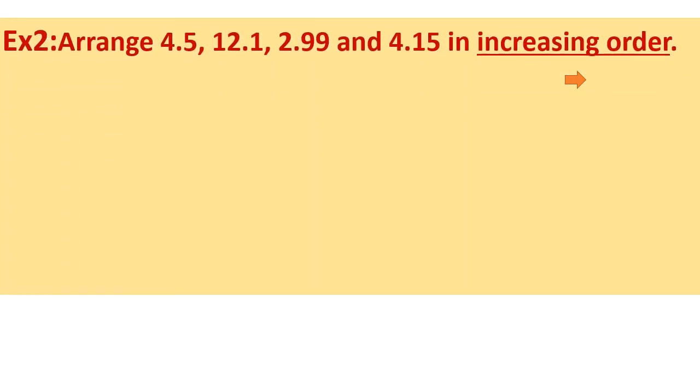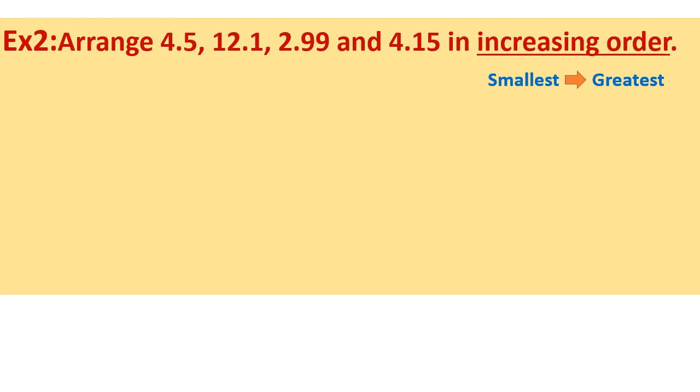Now let's have a look at another example. Teacher wants you to arrange 4.5, 12.1, 2.99, and 4.15 in increasing order. So the keyword here is increasing order. The word increasing normally means from the smallest to the greatest.